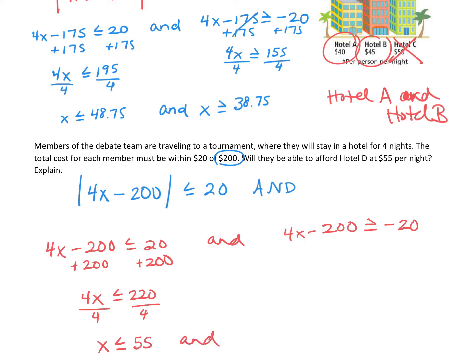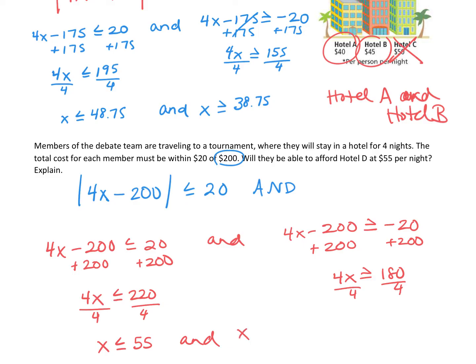And remember, x is representing our cost per night. So add 200 over here. We have 4x is greater than or equal to 180. Divide by 4. X is greater than or equal to 45.